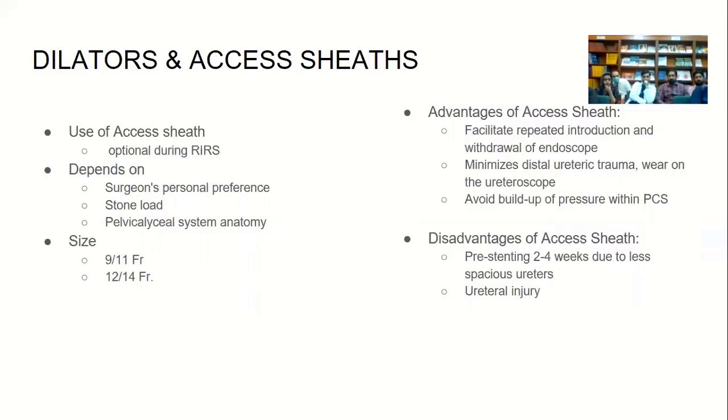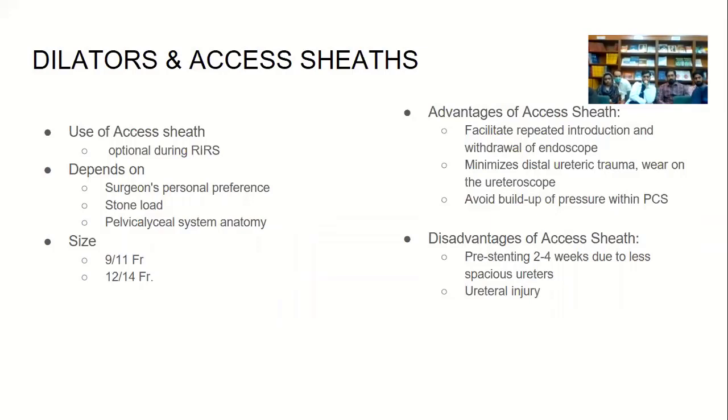You see, I have a reservation about this optional use of the access sheath. If you want a proper RIRS, if you don't want complications, if you don't want a leak from the fornices, and you want to increase the pressure so that you can clear off the stone, you have to have this access sheath.